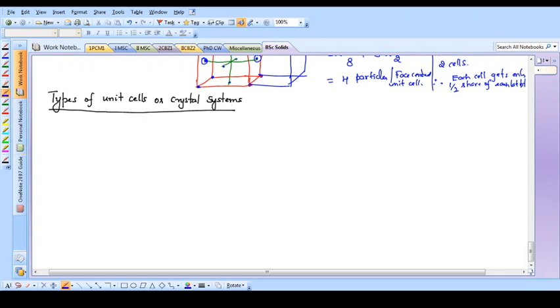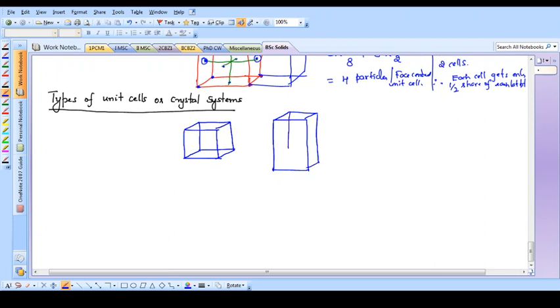Okay, but it need not be the case always. So always we don't get a unit cell which has the shape of a cube. The unit cell can have shapes other than that of a cube. For example, a unit cell in a crystal may look something like this.